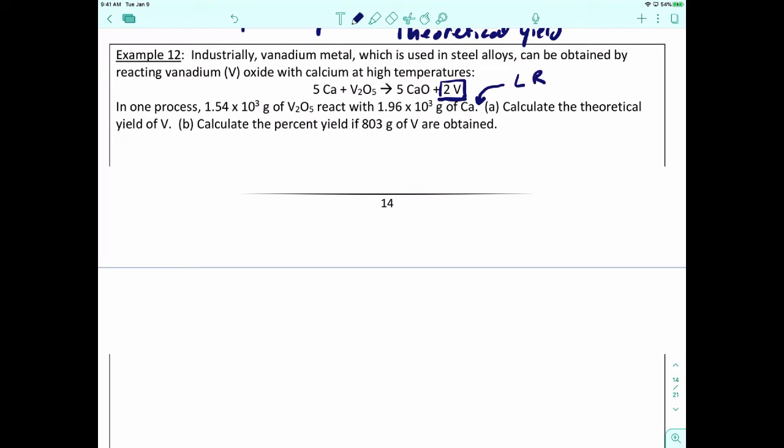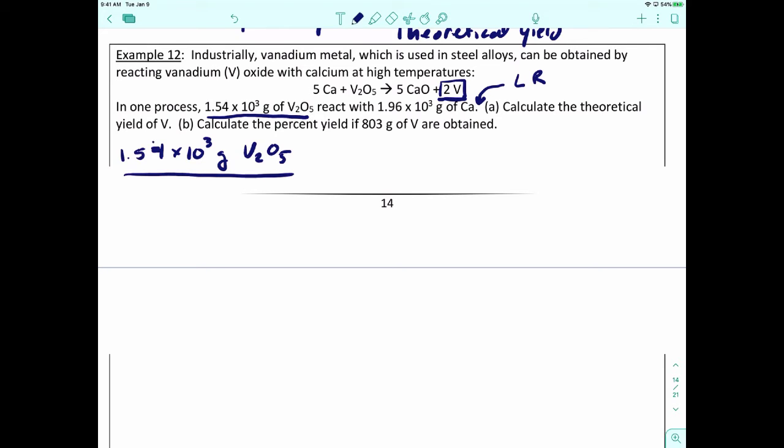Here we go. So let's try to tackle the first question, the limiting reagent. We're told that we have 1.54 times 10 to the third grams of V2O5. So let's start with that.